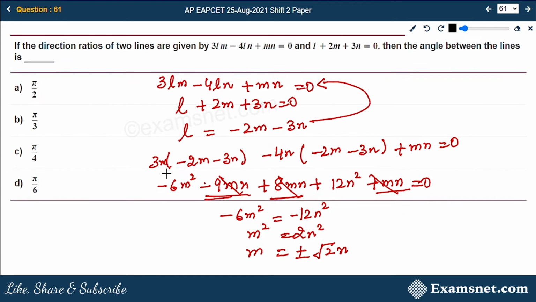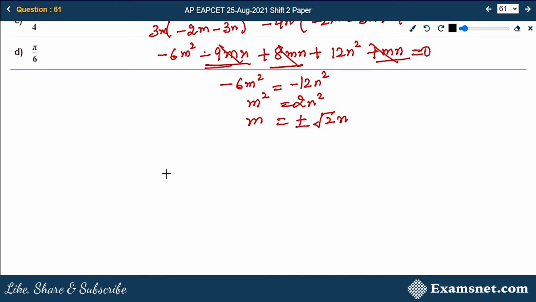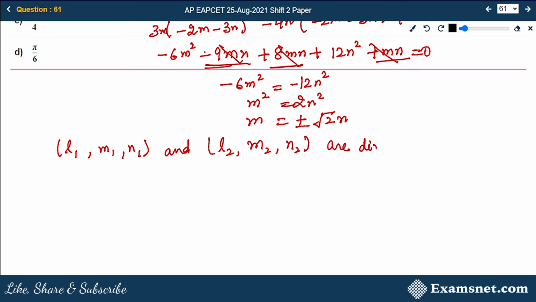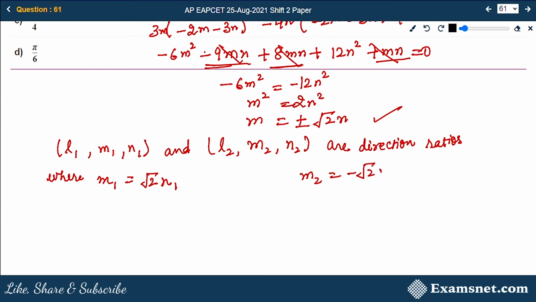Now, in this question, the two direction ratios are l1, m1 and n1 first, and the second one is l2, m2 and n2. These are the direction ratios, where m1 is equal to under root 2 n1 and m2 is equal to minus under root 2 n2, right?